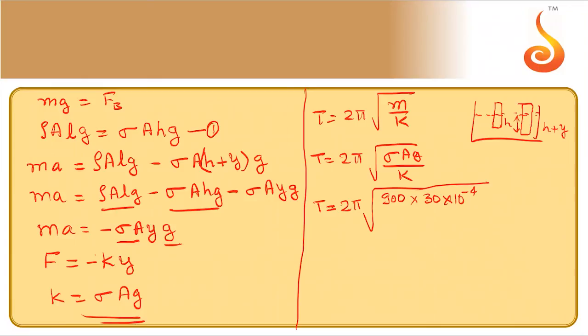Yes, it is m by k. So this should be m. This should be sigma a g. Yes, substitute for this.